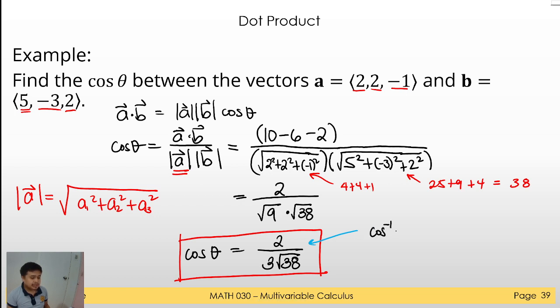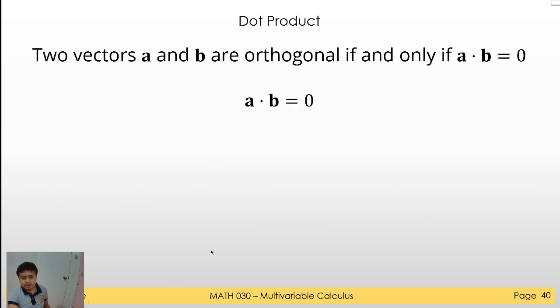Just use inverse cosine of 2 over 3 square root of 38. That will be equal to theta. So it is up to you to figure out if you want to do this, or if you want to have some numerical value representation of the angle theta.